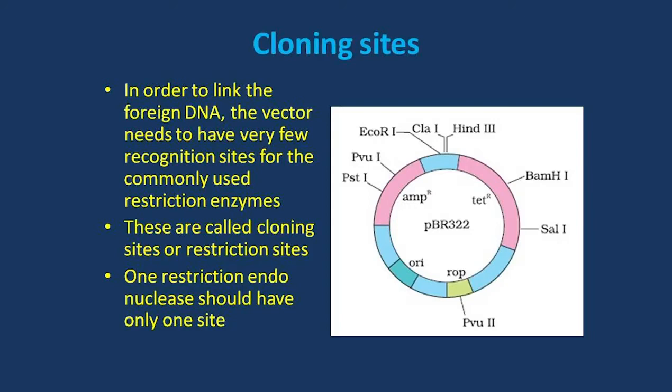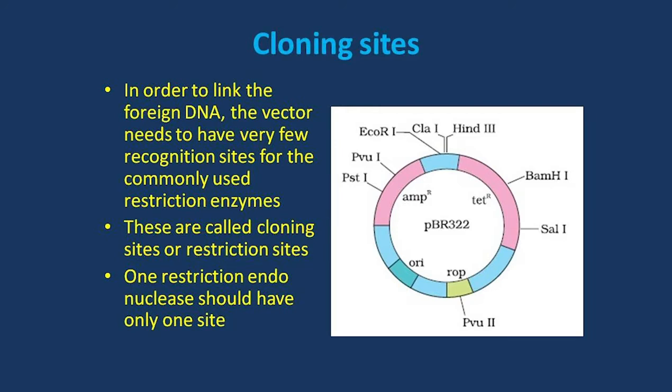But one thing to remember is that one enzyme should have only one site, because if an enzyme has more than one site, the plasmid will be cut into several pieces. The plasmid has to maintain the circular shape. Therefore, there should be only one cloning site for one restriction endonuclease.